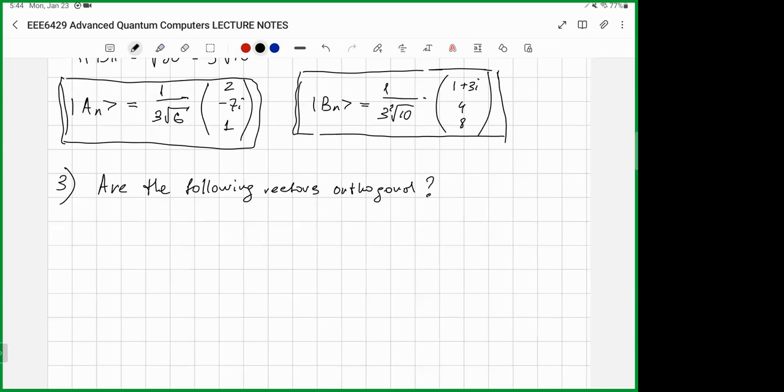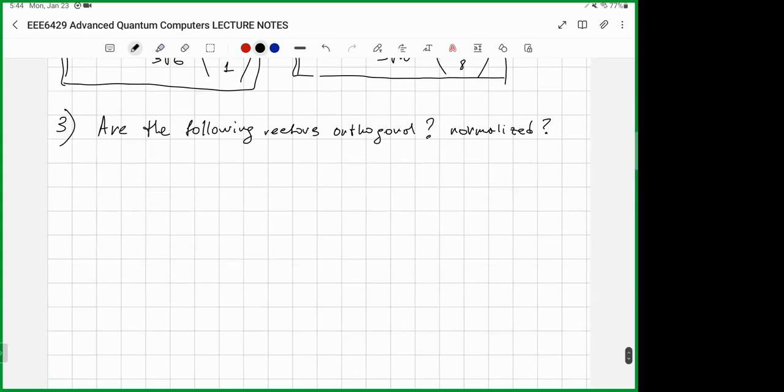The vectors are psi, which is 1 over square root of 2 and 1 over square root of 2, and another vector phi, which is 1 over square root of 2 and minus 1 over square root of 2. Okay.